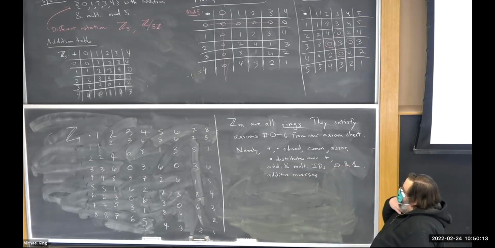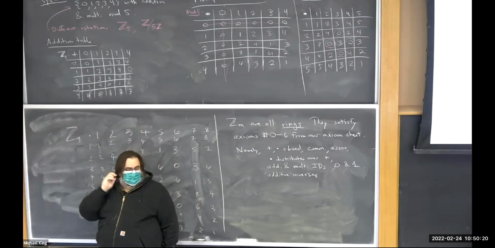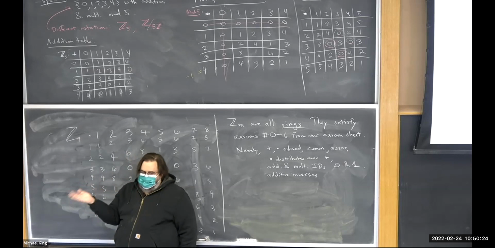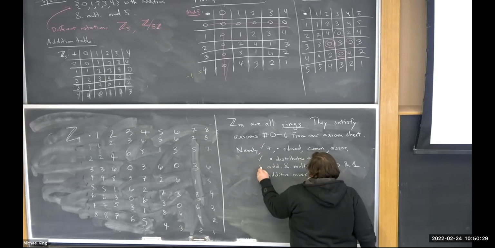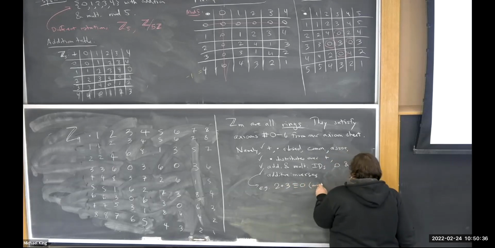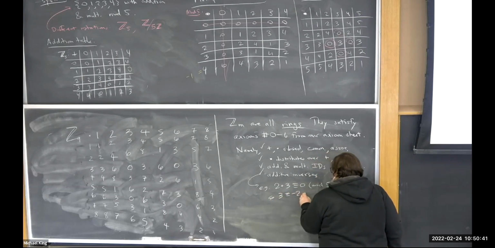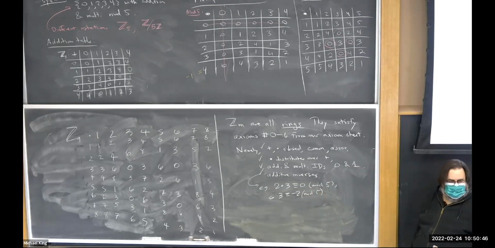For the addition table up there, 2 and 3 are additive inverses mod 5. There is a sense of -2 mod 5, it's 3. So 2 plus 3 is 0 mod 5. So 3 is really what -2 is mod 5, right? So everything has an additive inverse.